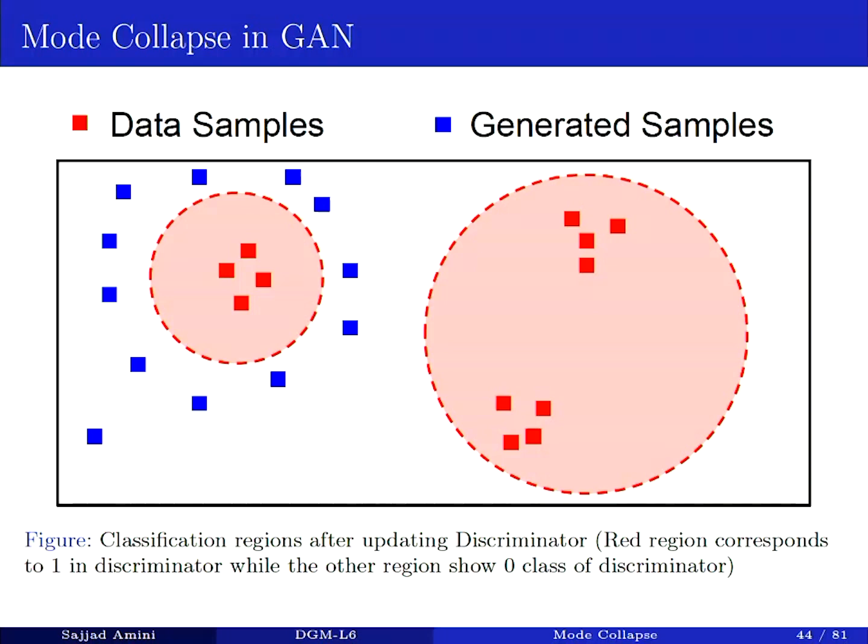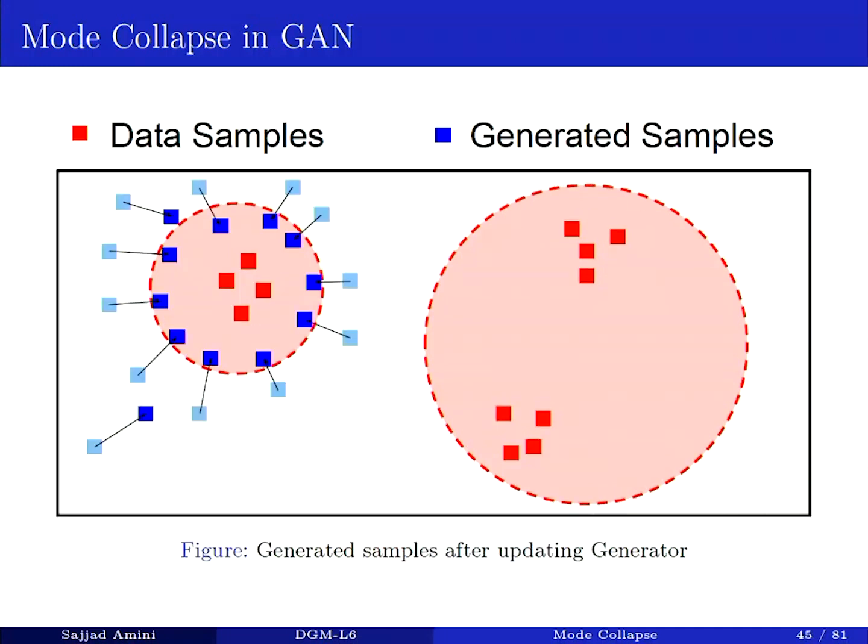Why? Because the generator wants to resemble the data distribution. It wants its samples to be near the places where the data probability is high. So when you update the generator, all these boxes approach the nearest concentration place of your data samples.